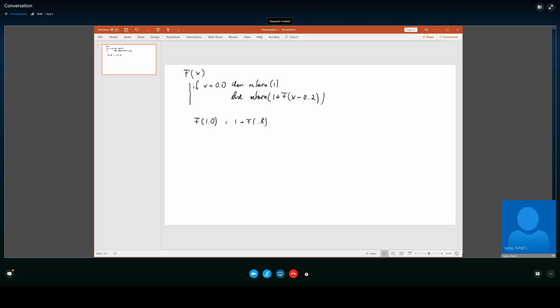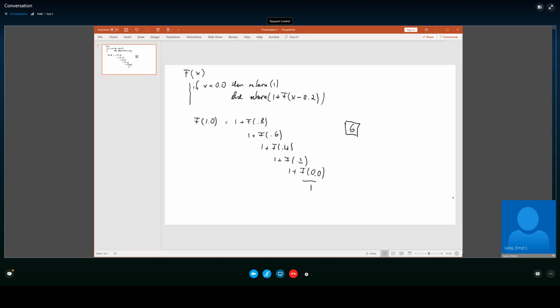And f of 0.8 is 1 plus f of 0.6, and f of 0.6 again is 1 plus f of 0.4, and f of 0.4 is 1 plus f of 0.2, and f of 0.2 is 1 plus f of 0, and 0 is 1. So effectively, we're going to return 1, 2, 3, 4, 5, 6.